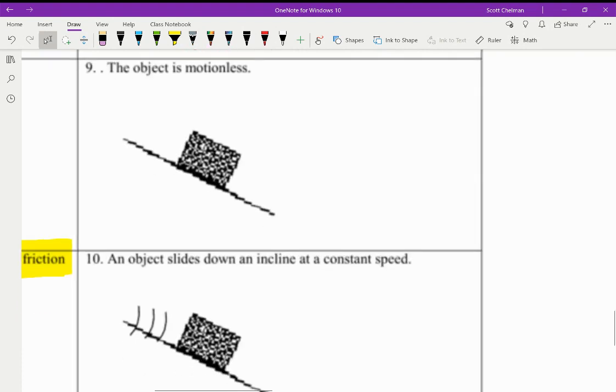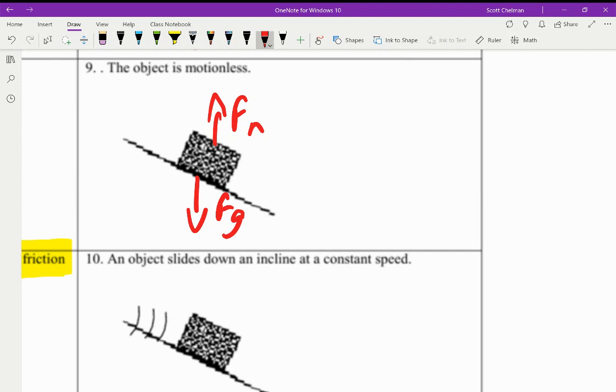Okay, what do we need to put in number 9? You've got gravity, you've got the normal force. Now we have to come up with something here, right?